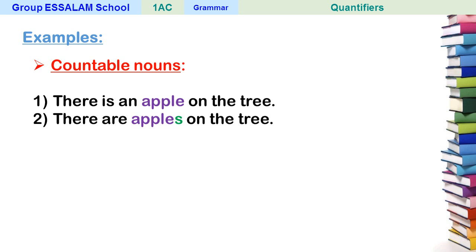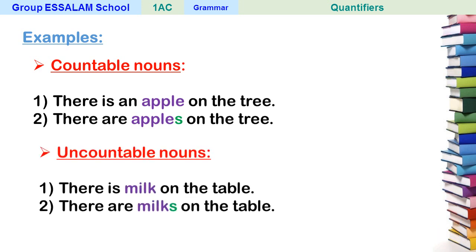Now, let's look at other examples. Uncountable nouns. So, here I give you also 2 other examples. There is milk on the table. There are milks on the table. Well, the first sentence, there is milk on the table.